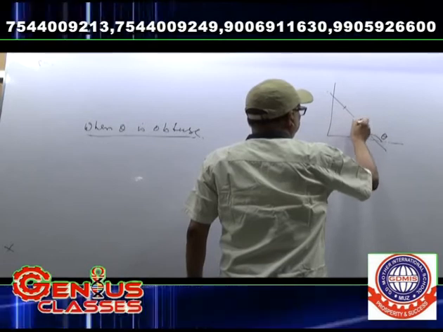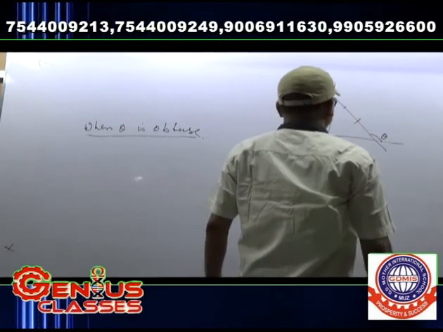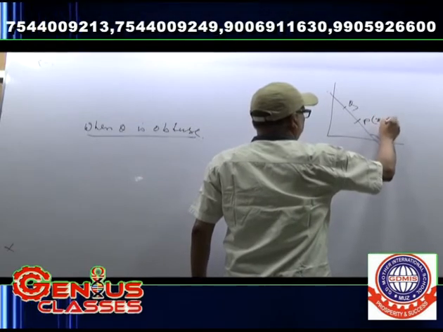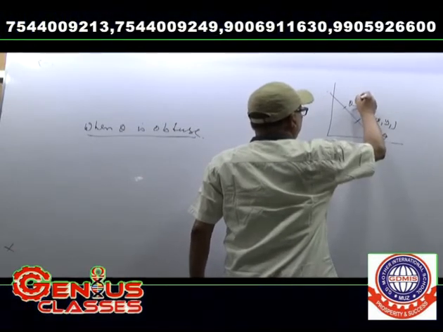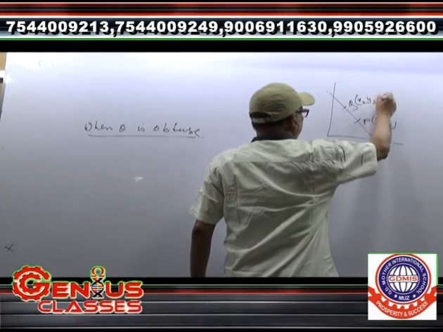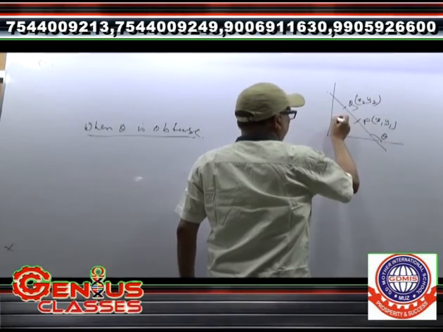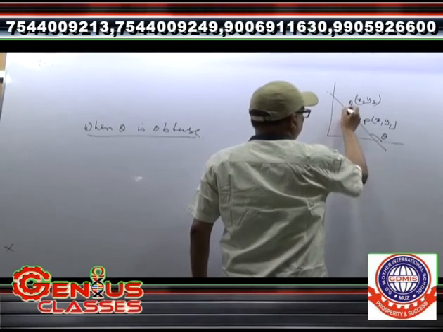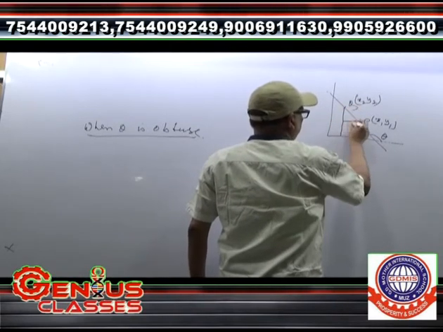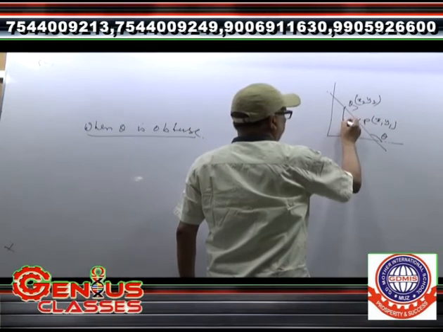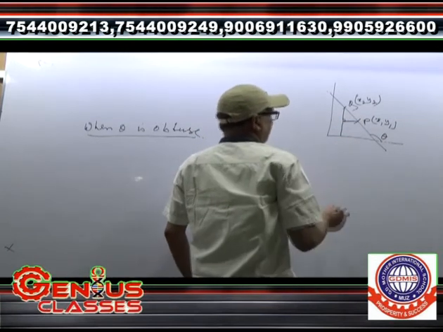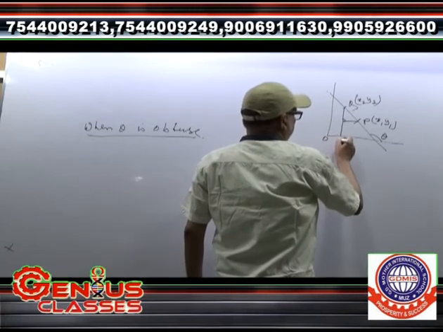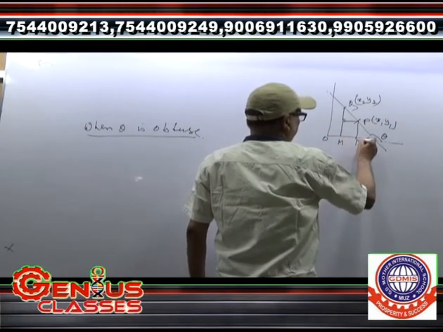Take P and Q are 2 points, x1, y1, x2, y2. Draw perpendicular. ये 90 डिग्री है. Q ओरिजिन है, QN, PN.